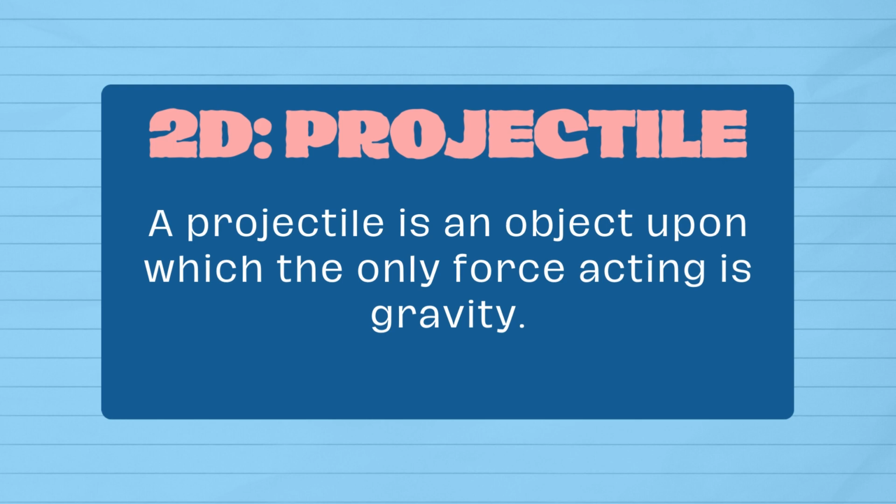An object dropped from rest is a projectile, provided that the influence of air resistance is negligible. An object that is thrown vertically upward is also a projectile, provided that the influence of air resistance is negligible.